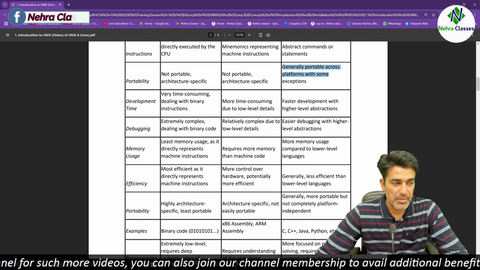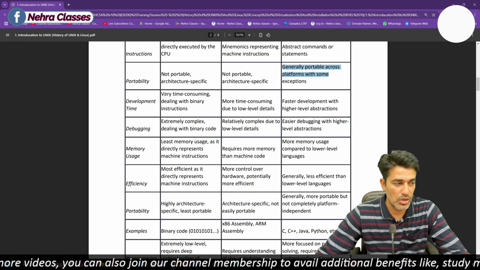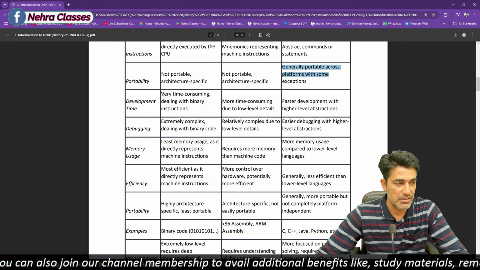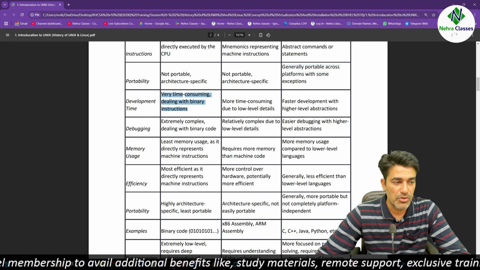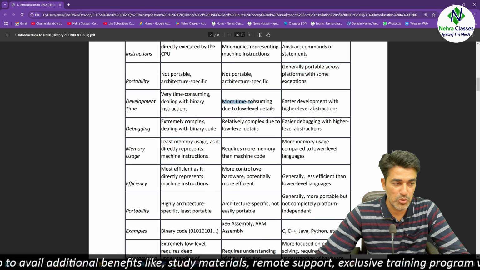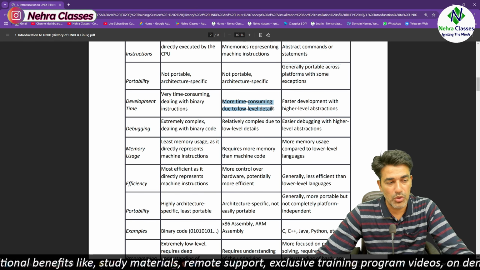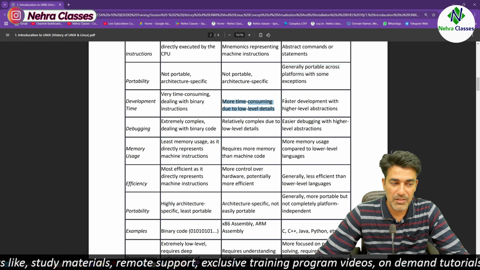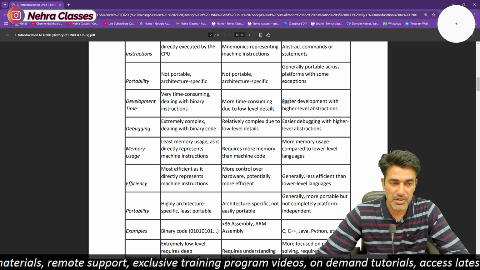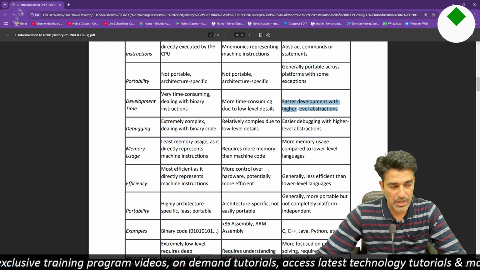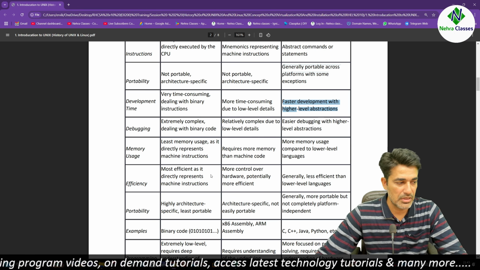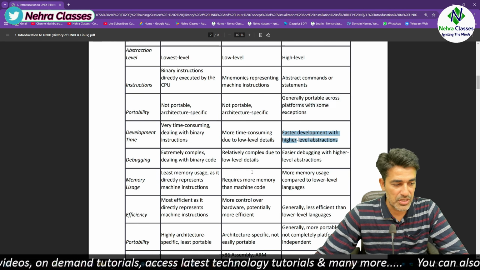The development time for the lowest level language is very time consuming, dealing with binary instructions, while the assembly level language is more time consuming due to low level details, while the high level language is faster in development with the higher level abstractions. So you can check it. I'm not going to read all the features of these three.